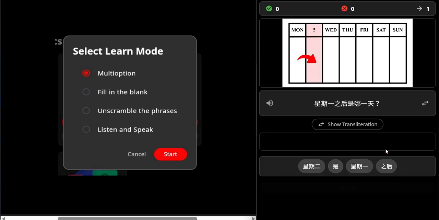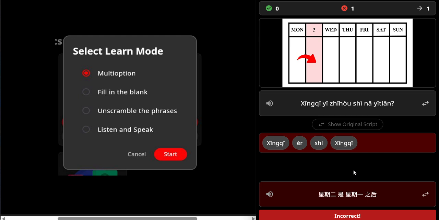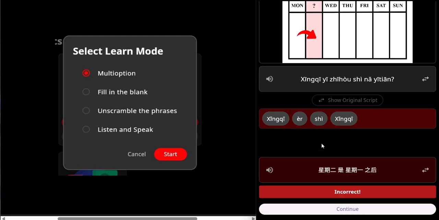The third mode is unscramble. You have these word blocks that you have to stack in the correct order. You can do it with the original script or the transliterated words like this. And yeah, here's a glitch. Actually, I know what the problem is, so I have to fix that error.